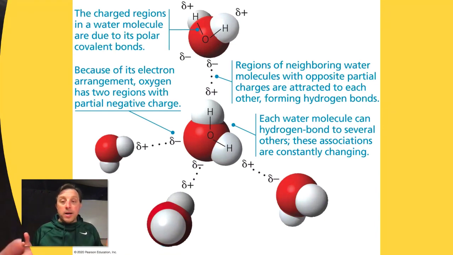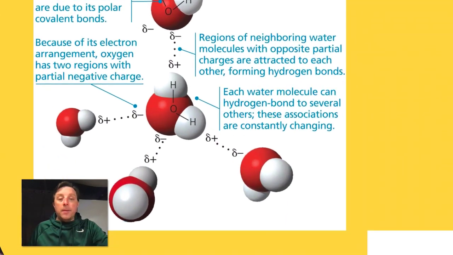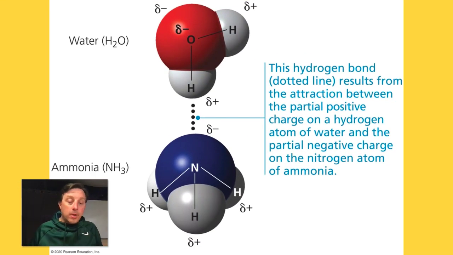So these hydrogen bonds, they are relatively weak, but they are very, very important. As you can see, water here is forming 4 hydrogen bonds with water in the surrounding neighborhood. Any polar molecule will be able to form these hydrogen bonds. Here we see an example of another polar molecule, ammonia, with nitrogen being more electronegative than the hydrogens.